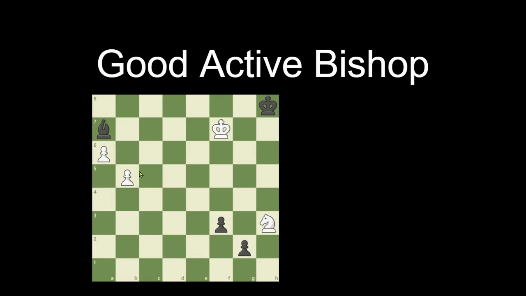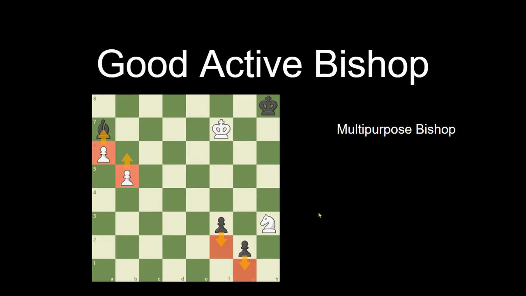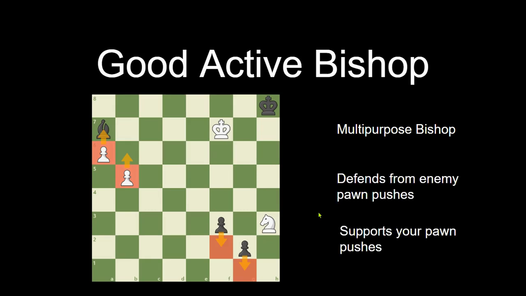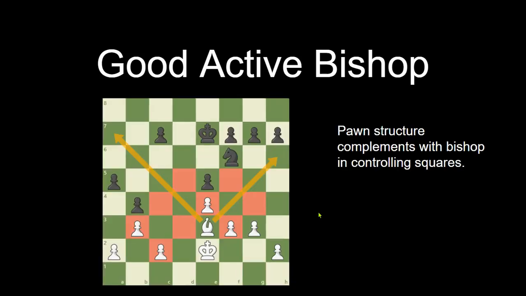So here it's stopping the white pawns from marching up the board, but it's also supporting the pawn push for pawn promotion for black here. This is a bishop that has multiple purposes, so that makes it great, and it's all on one diagonal. And this is a good active bishop.